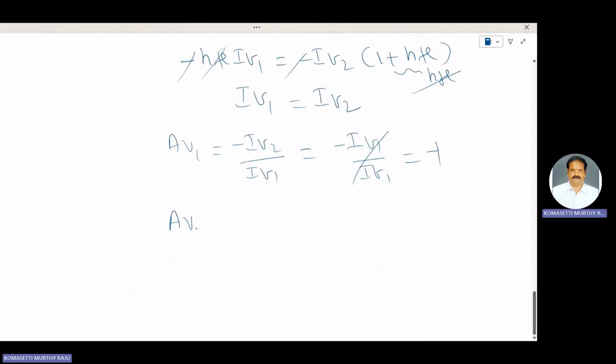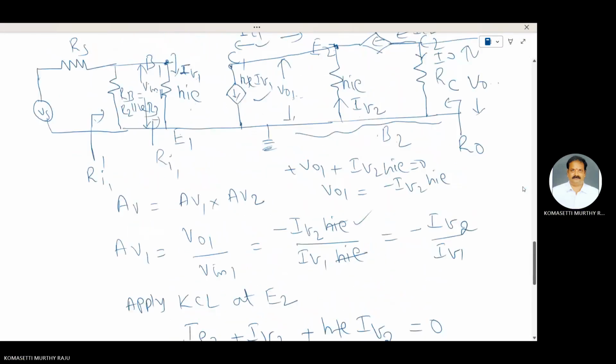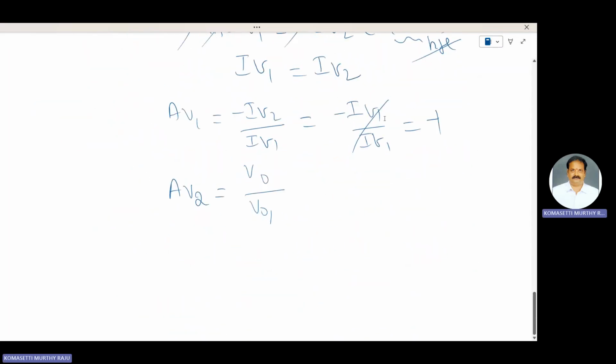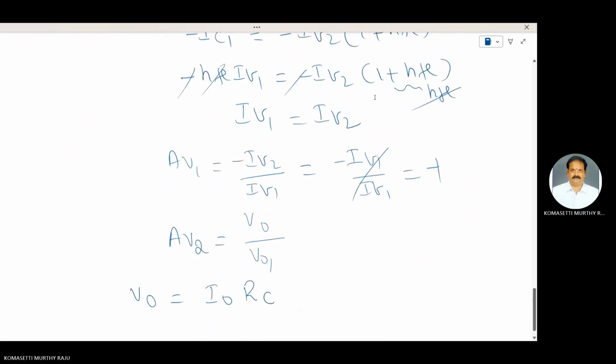AV2 is equal to output voltage V0 by input voltage V01. V0 is equal to I0 into RC, the current flowing through this RC is I0.